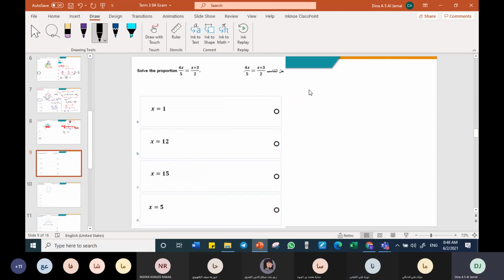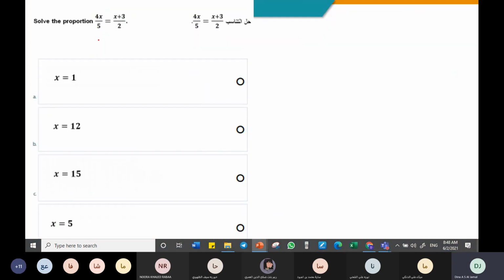This is easy. Solve the proportion. Which method do you need to use? Cross product. Excellent. So if I use the cross product, what will I write? 4x over 5, so let's write the equation again: 4x over 5 equals x plus 3 over 2.